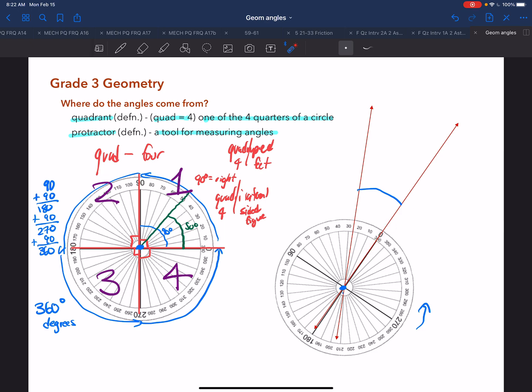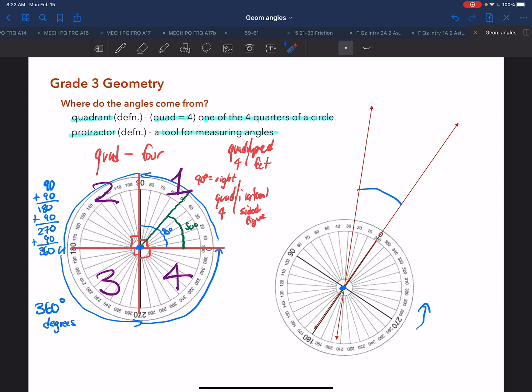So you can see the protractor in the previous is oriented this way. Well, we have the two lines. We take the protractor, this plastic see-through circle, we set it on top of the two rays, and we move it so that its center of the circle is on the vertex. And then we rotate the protractor until 0 is on one of the rays. And then we can measure the angle.